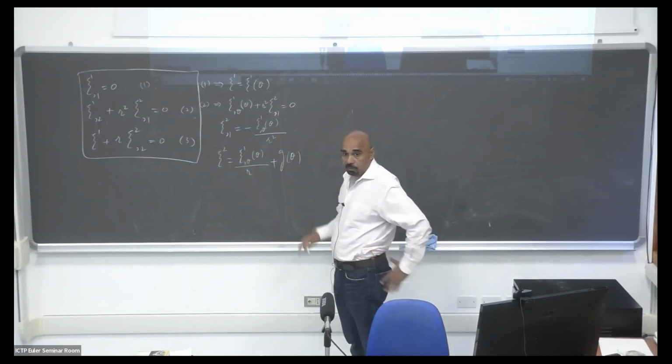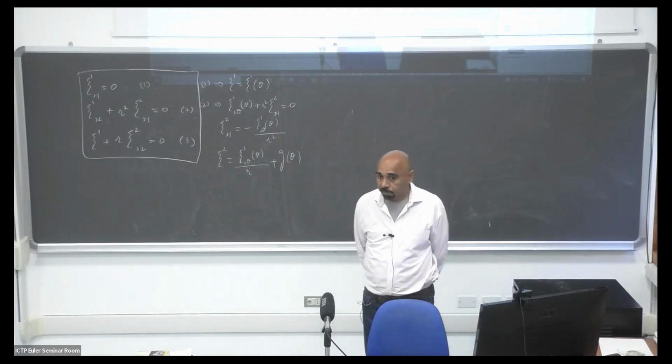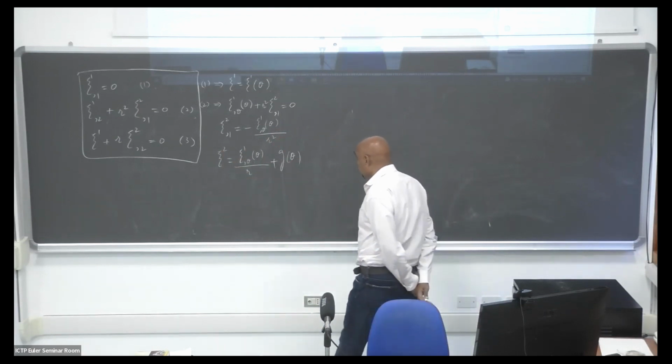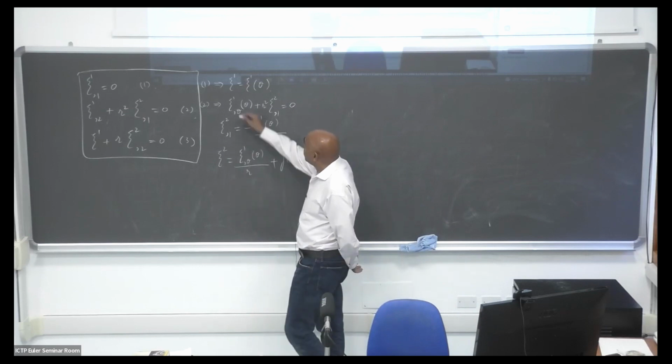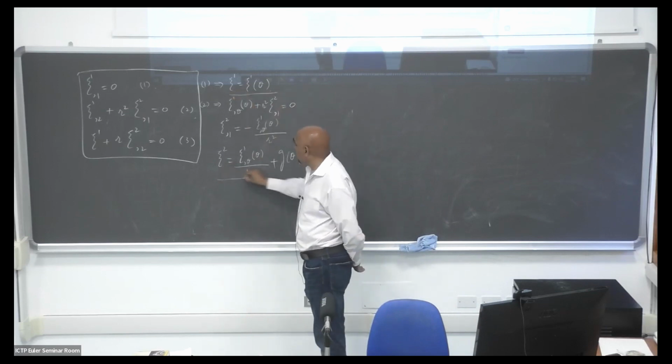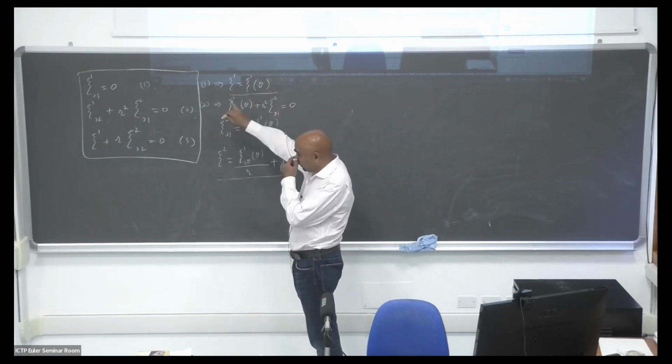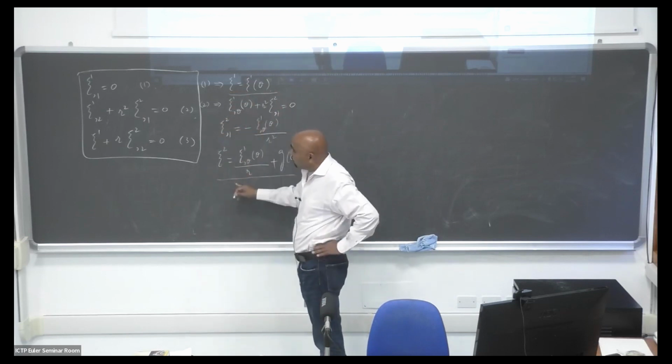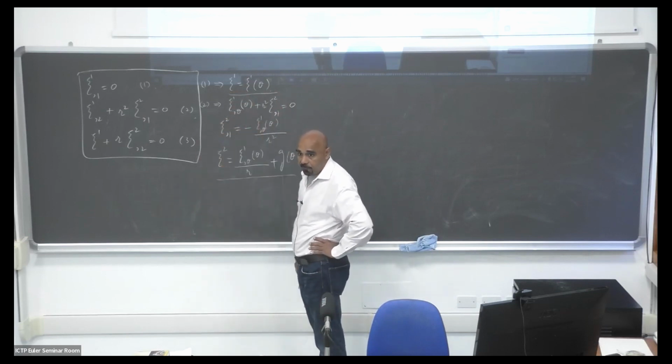So now this is the form of xi 1, and this is the form of xi 2. We have used the first and second equations. I substitute both of them in equation 3.